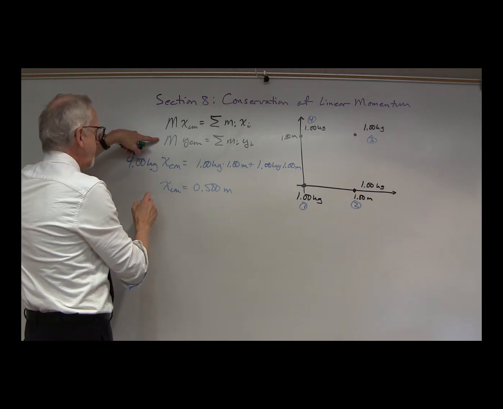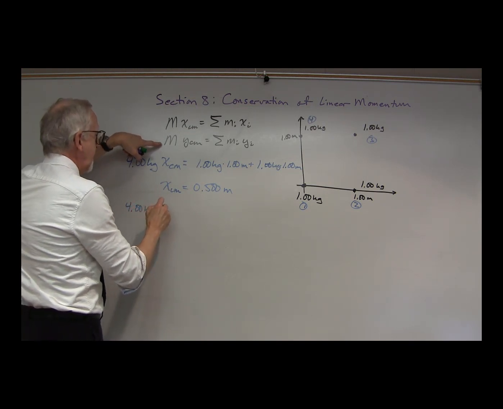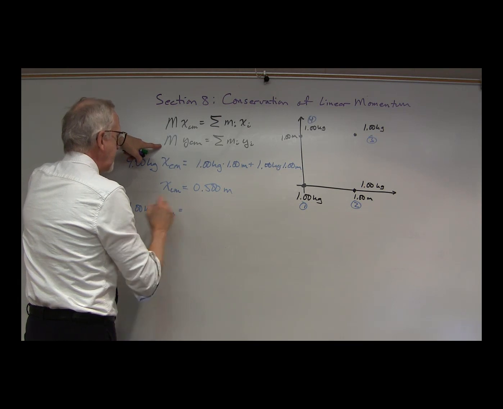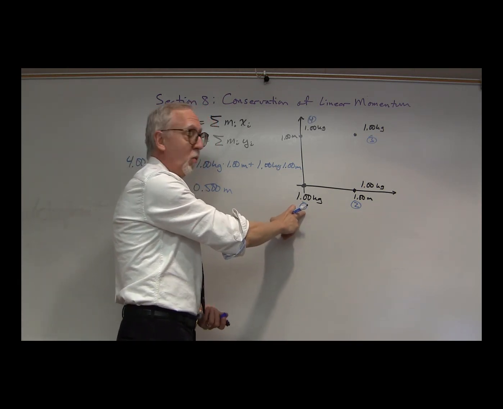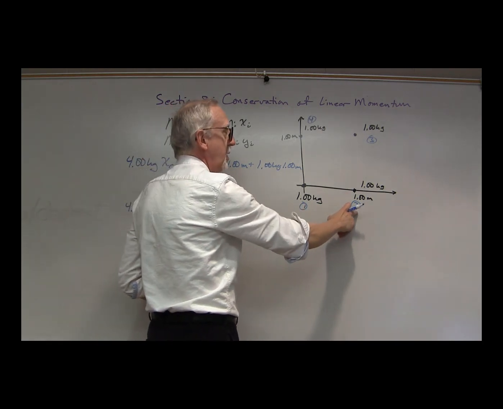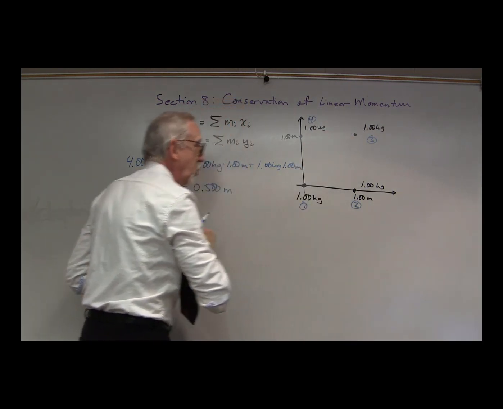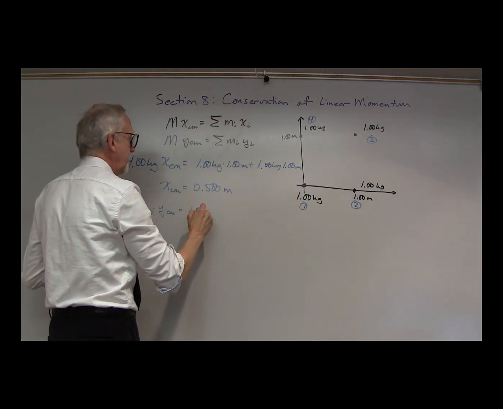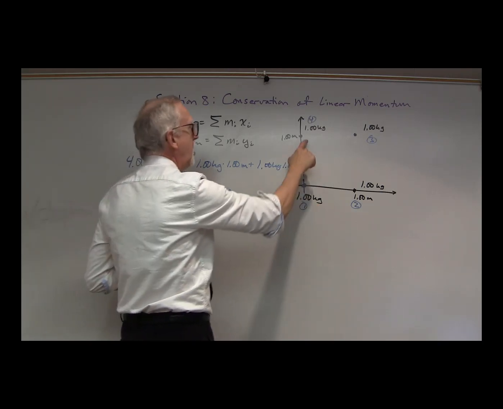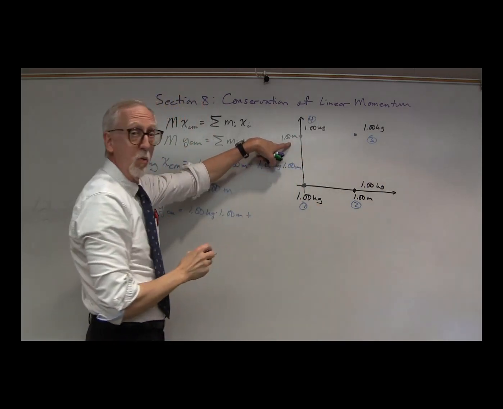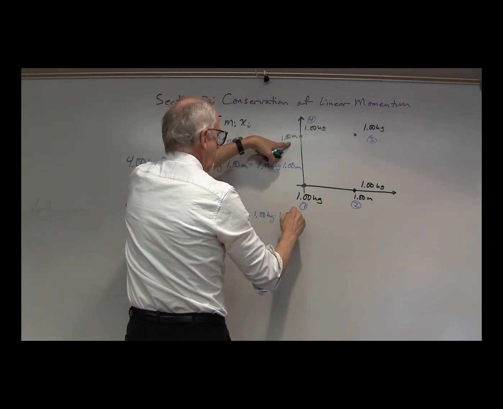What about y center of mass? We've got total mass, 4 kilograms, times y center of mass equals y1. It's at the origin, so again, y1 is 0. y2, it's on the x-axis, so y2 is 0. y3 is going to be 1 meter, so we'll have 1 kilogram times 1 meter, plus y4. y4 is again 1 meter, so we'll have 1 kilogram times 1 meter.